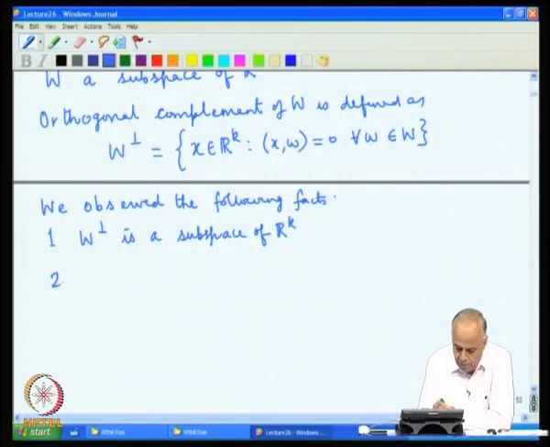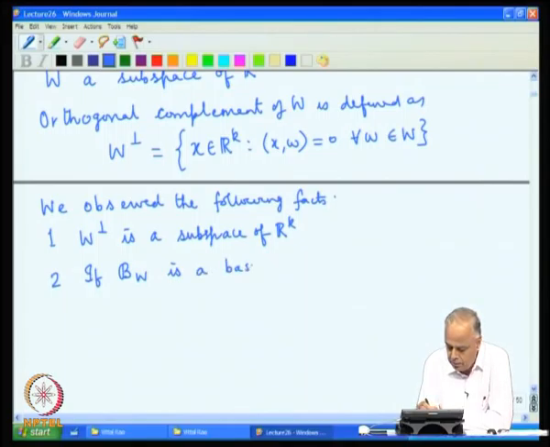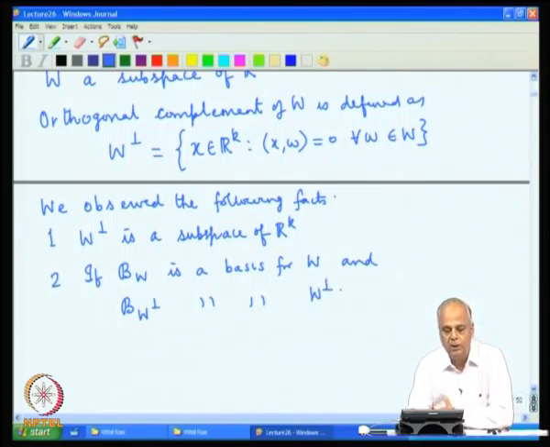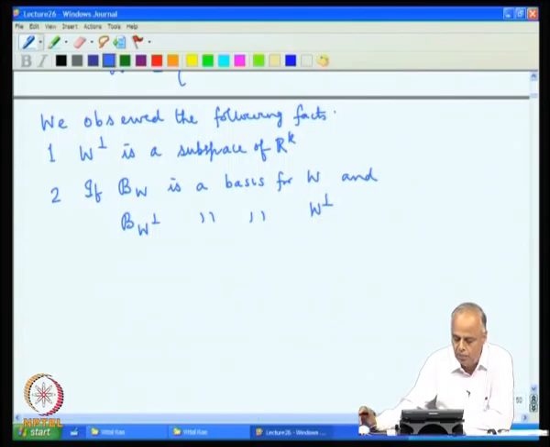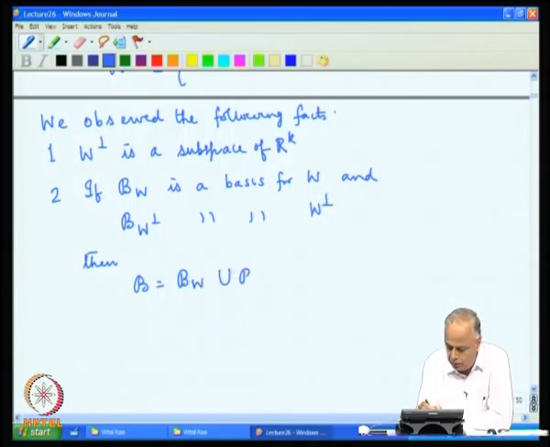The second thing we observed was that if B W is a basis for W and B W perp is a basis for W perp, so you have a basis for W and you have a basis for W perp, then if you put them together, let us call that B as B W union B W perp, it is a basis for the whole space.